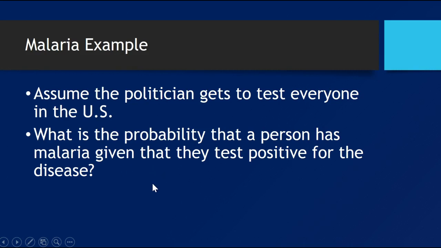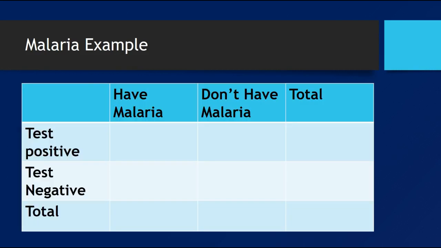That 98% is saying, what proportion of the total population does the test get right? 98% of the time, the test gets it right. But what that doesn't say is that after they test positive, we have this big group who tests positive. Which ones of those actually have the disease and which ones of those don't? So what we're going to do on this example is create our own contingency table.